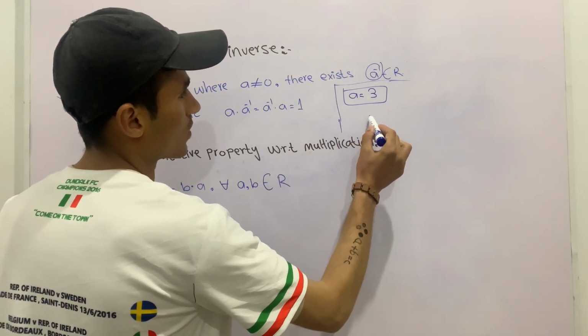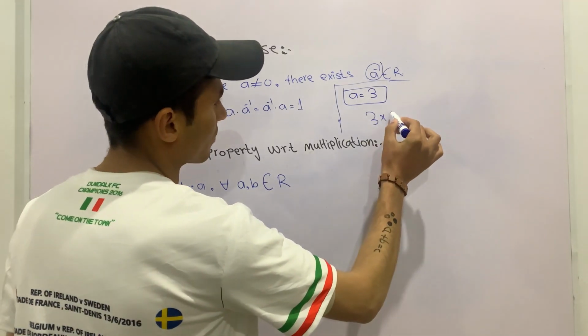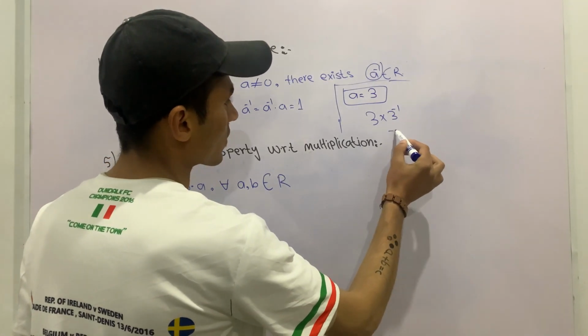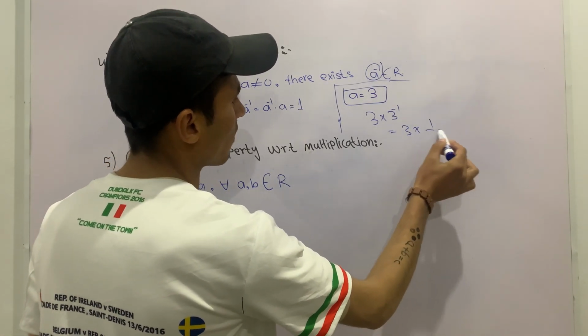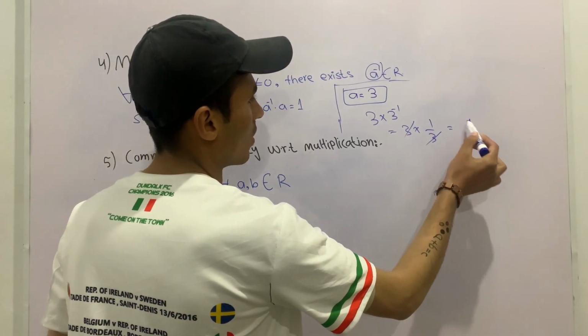Look here. 3 multiplied by 3 inverse. We could write 3 inverse as 1 over 3, so 3 multiplied by 1 over 3. 3 is cancelled out with 3. The answer is 1.